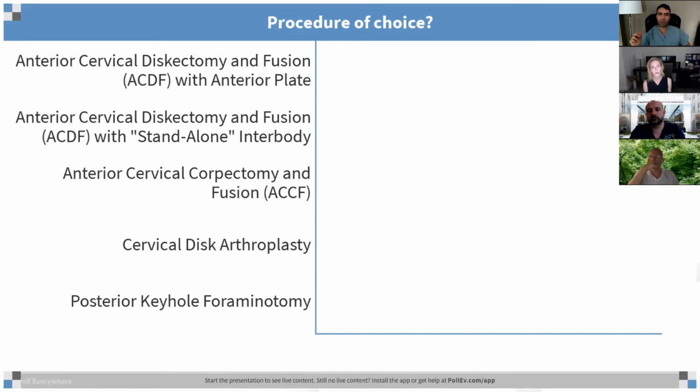So those patients are pretty rare for the most part. If you look at the incidence of degenerative disc disease in the cervical spine, it increases pretty dramatically as we age, and it's not just isolated to one or two levels. Often these patients have multi-level pathology.